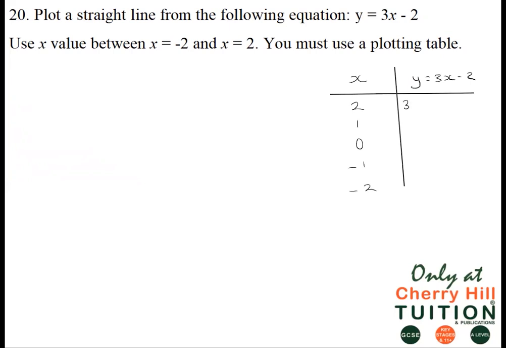So 3 multiplied by 2, which is 6 minus 2, is 4. 3 multiplied by 1 minus 2 is 1. 3 multiplied by 0 minus 2 is minus 2. 3 multiplied by minus 1 is minus 3. Minus 2 is minus 5. Lastly, 3 multiplied by minus 2 is minus 8.